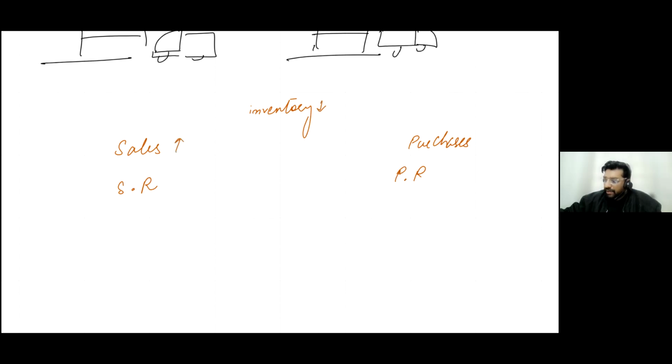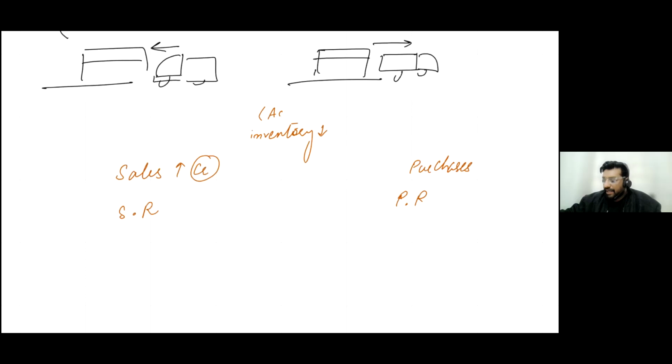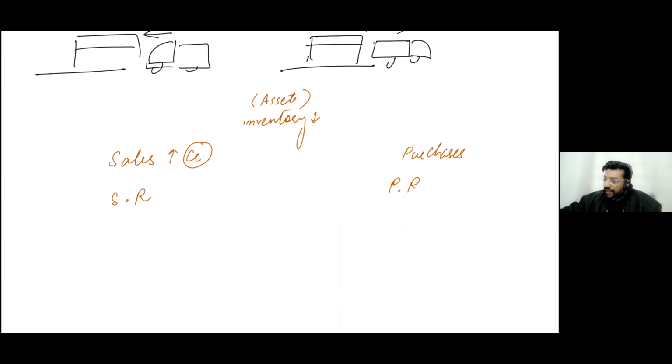Now, inventory is an asset. Remember, inventory is an asset. And we're going to see what is happening with our asset. When we do sales, our inventory is decreasing, so we credit it. When we do purchases, our inventory is increasing. When my inventory is increasing, I debit it.